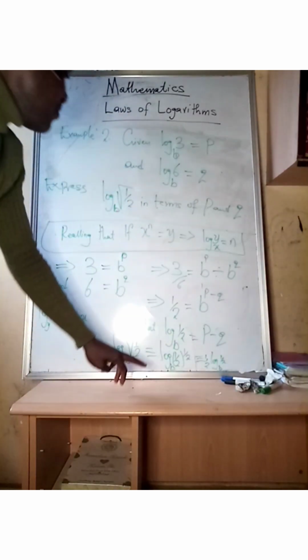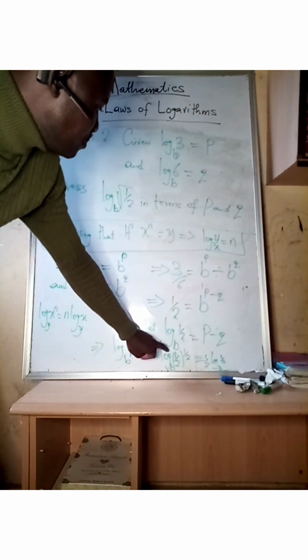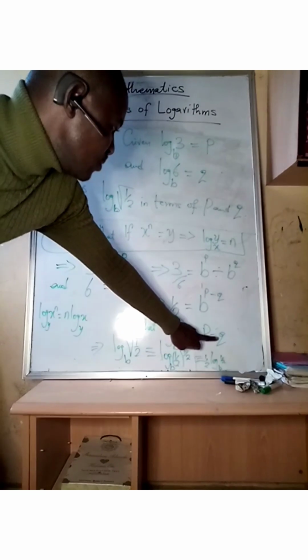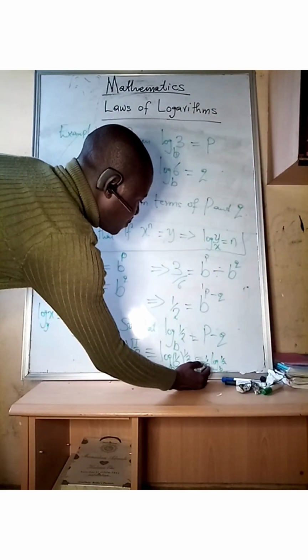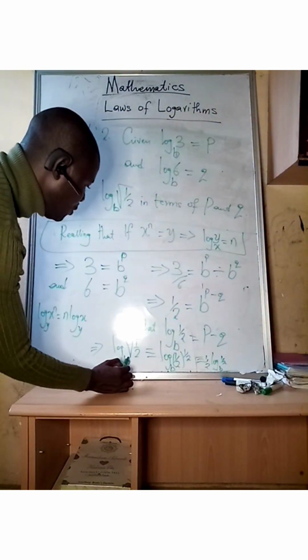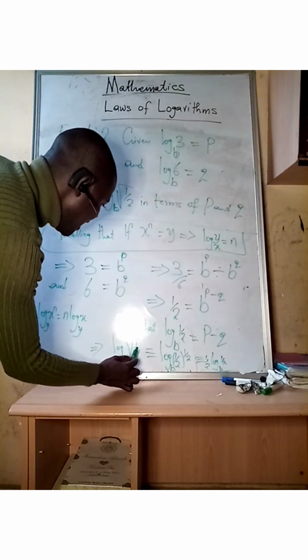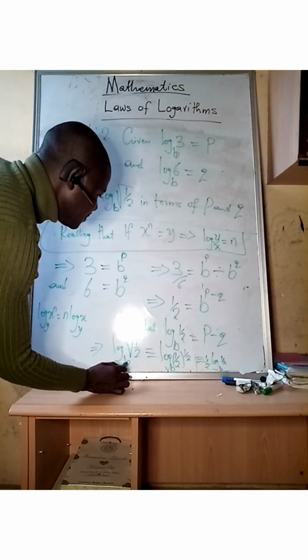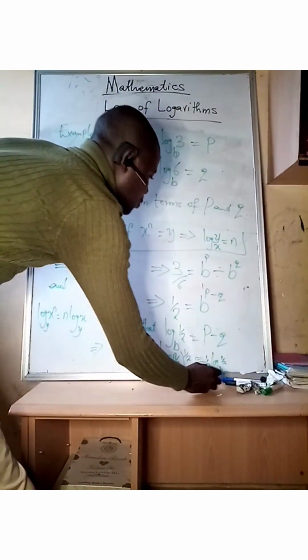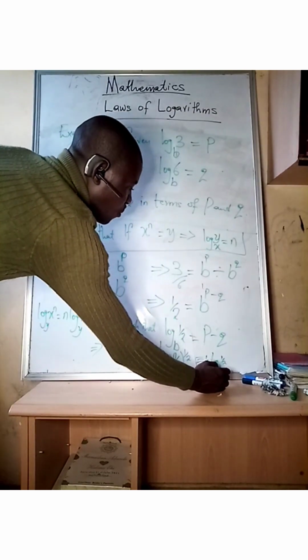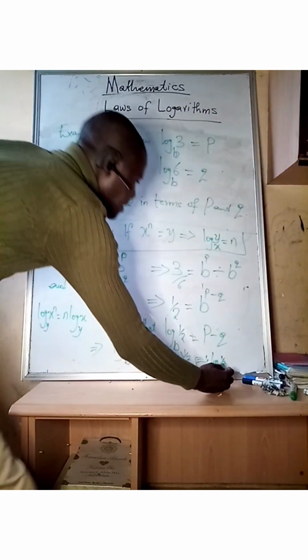Now already we have log 1 over 2 to base b to be equal to p minus q. Therefore, log root half to base b has now been presented to mean half of log 1 over 2 to base b.